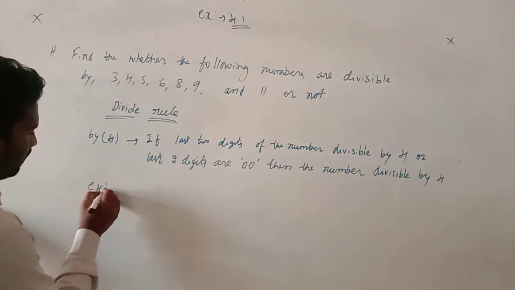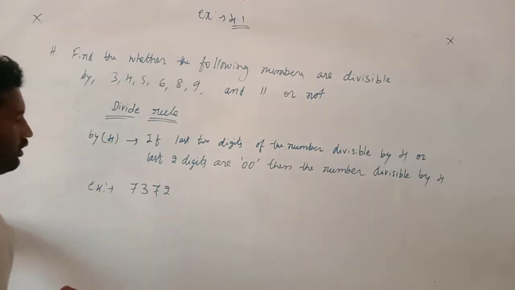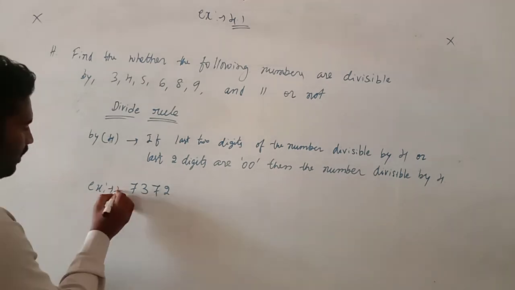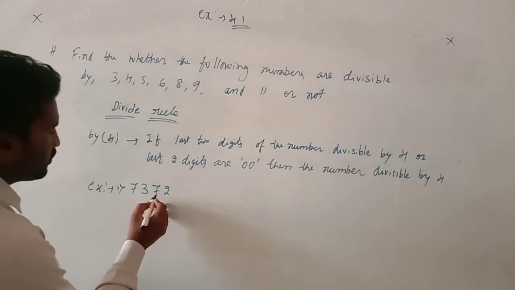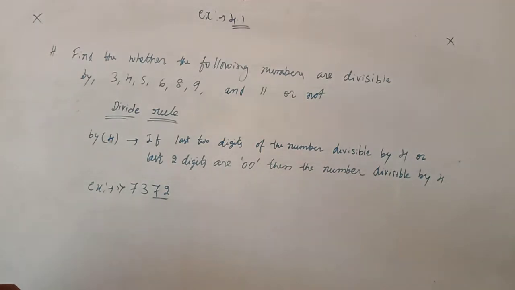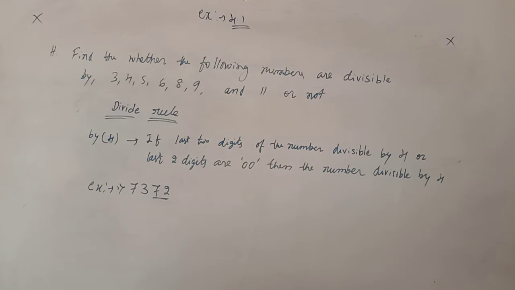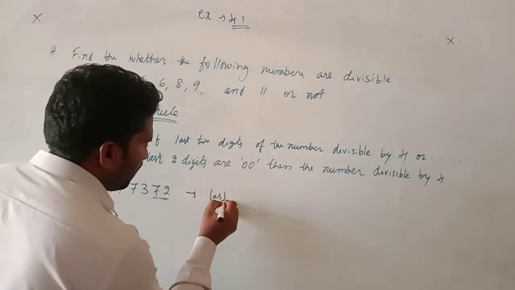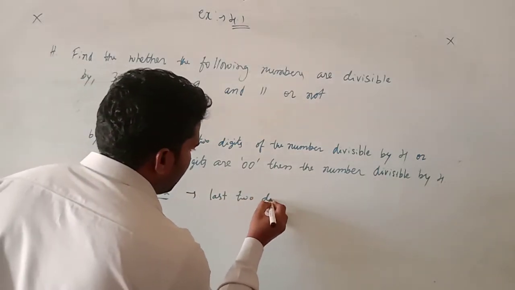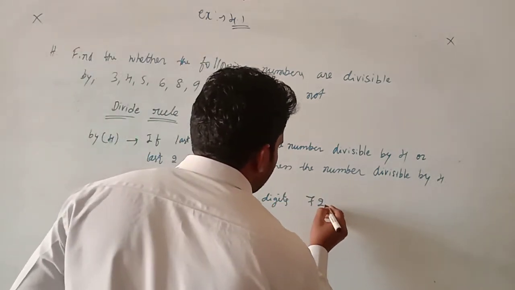For example, 7372. In this number there are 4 digits, so we have to see only the last two digits, 72.